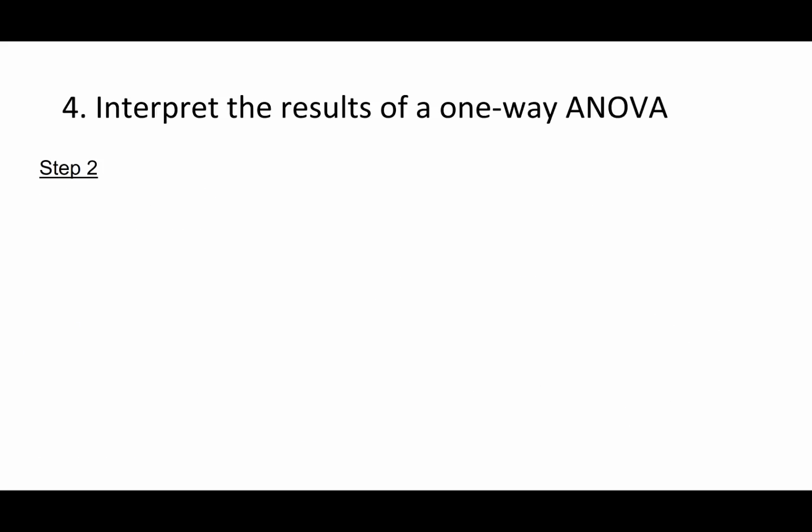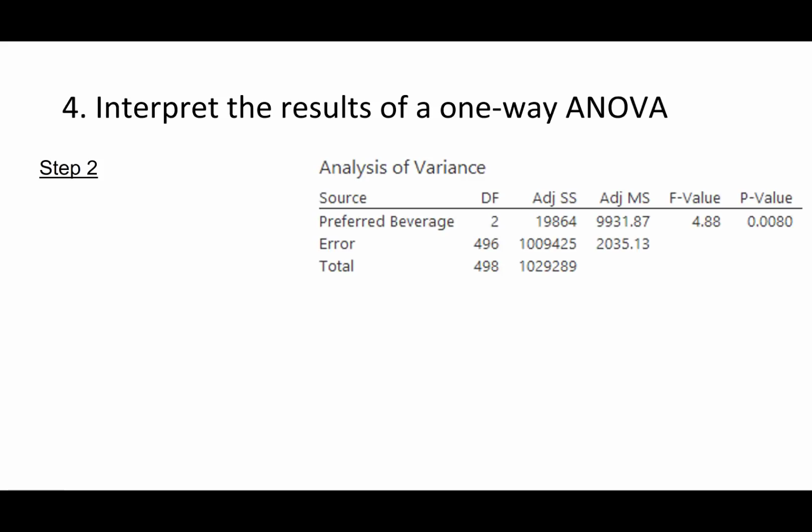Step 2 is to determine the test statistic. For this, I'll pull up the ANOVA source table from Minitab Express. The test statistic here is the F value. F equals 4.88. Step 3 is to determine the p-value. We can get this value from the ANOVA source table as well.